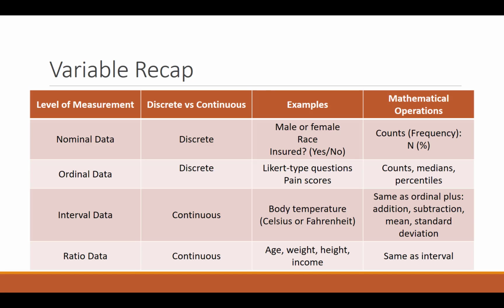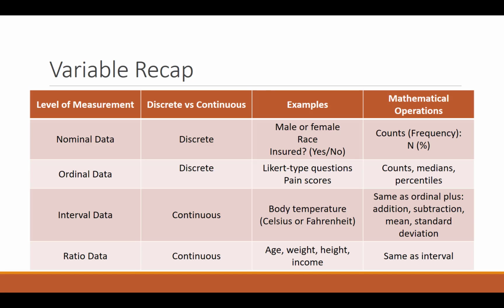Interval data and ratio data are both continuous, so there are theoretically infinite number of data points in which these variables can take within their range. The example of interval data we talked about is body temperature in Celsius or Fahrenheit. There is an infinite number of values this can take, and we can measure it.